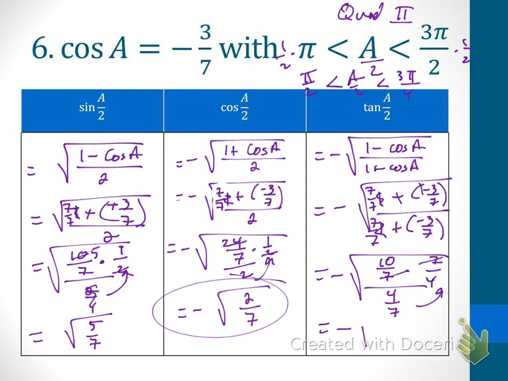So you're left with negative radical 10 over 4, which, again, you can split up and make this negative radical 10 over 2 if you want, so that you don't have an irrational denominator. You can reduce the 10 over 4 to 5 over 2 if you want, and leave the square roots that way. Either way, we're good there. Okay?